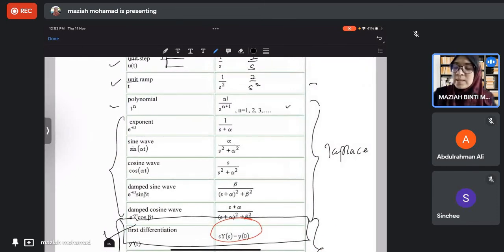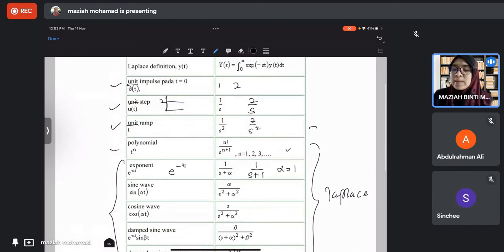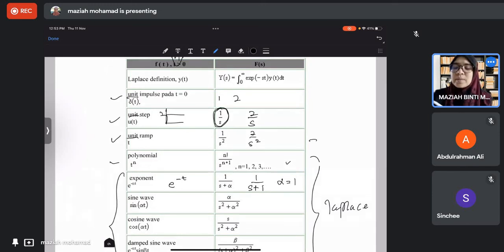So this is the form 1 over s plus alpha. If we compare it with 1 over s plus 1, we can see alpha is 1. So therefore, in the time form, it becomes exponent negative t. And the other one is 1 over s here. If you inverse, it will become 1.